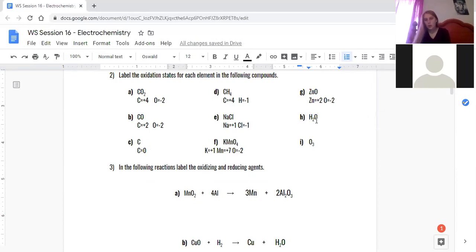So that one's pretty simple. I'm going to make this H3O plus just so you can see an example with one that has a charge. So we're going to change that up a little bit.